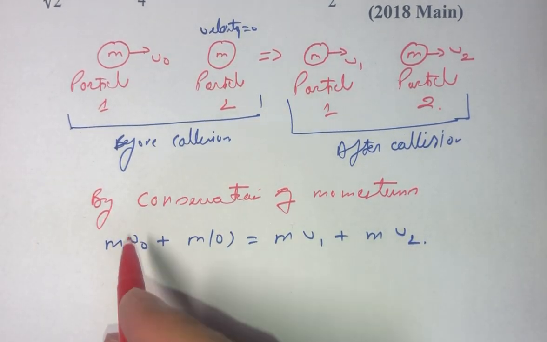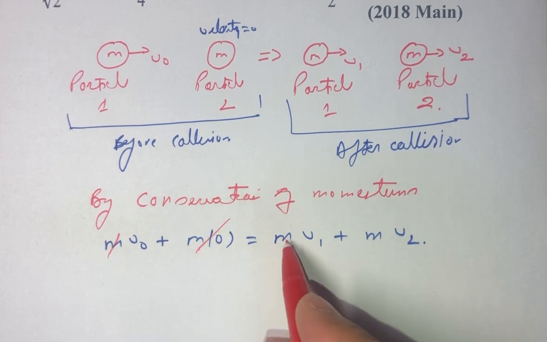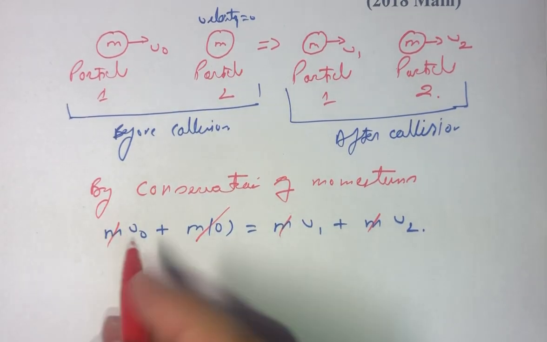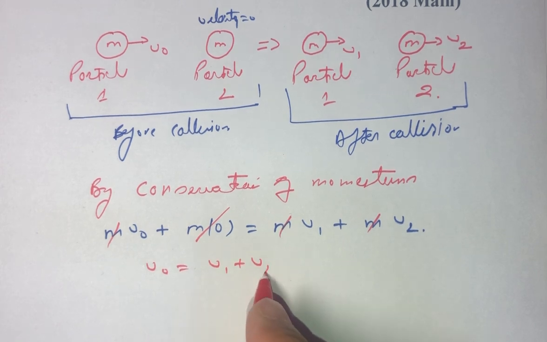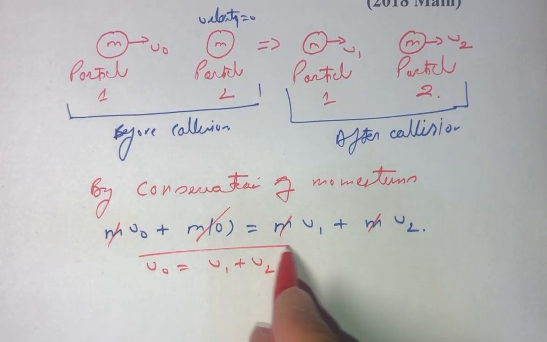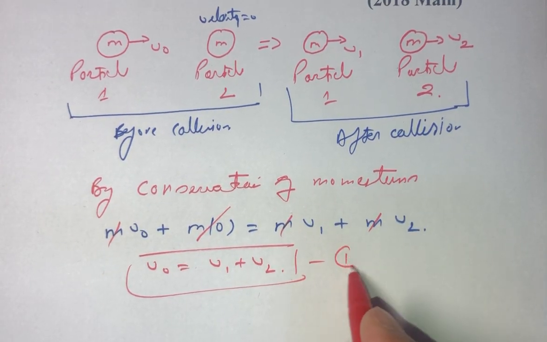So here this becomes 0, m cancels out throughout, so we get v0 is equal to v1 plus v2. Let us call this equation number 1.